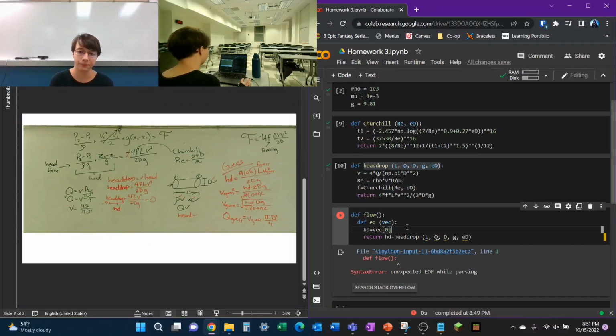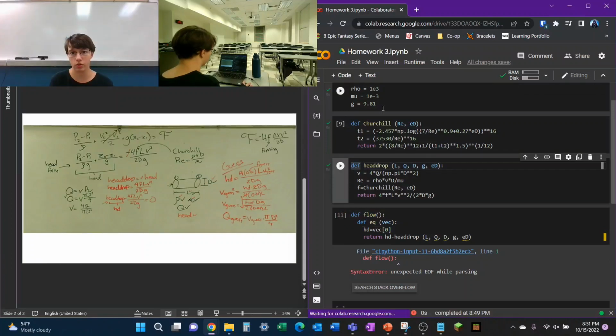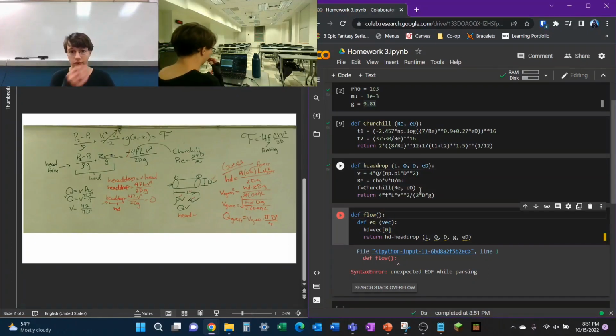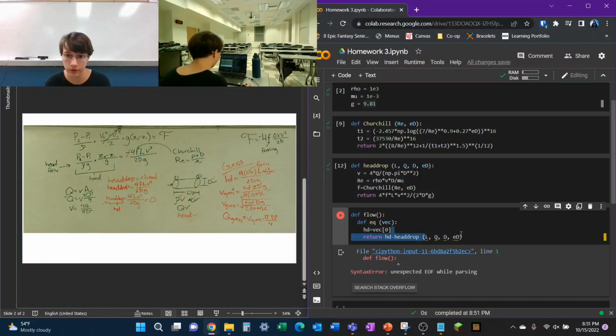And then for these things, we're going to need to input them up here. Well, I guess G is already defined, which technically means it doesn't need to be defined up here because we defined G all the way up here, so I'm just going to get rid of that here. And it should still work, so we can get rid of that here as well. And then these things need to be inputted here.